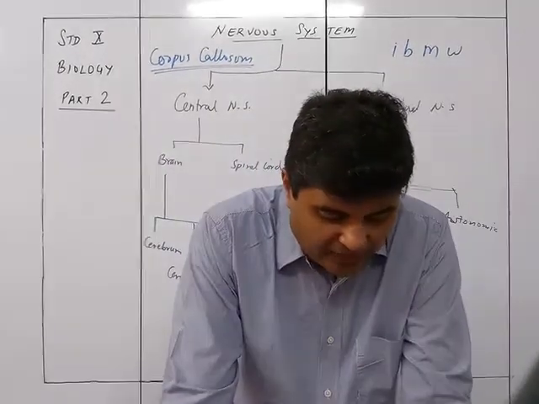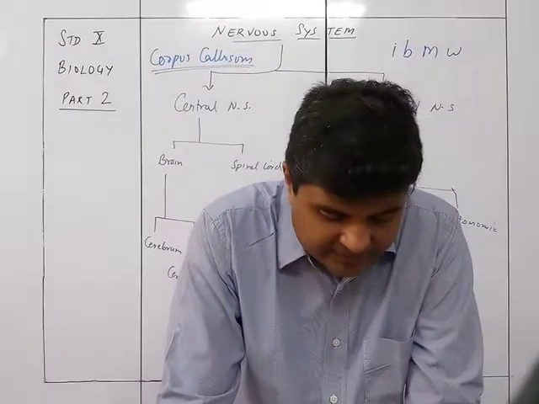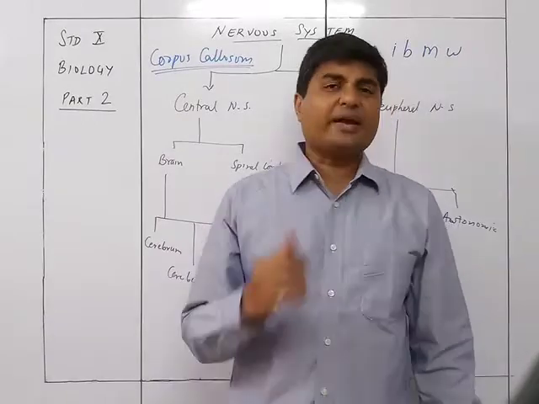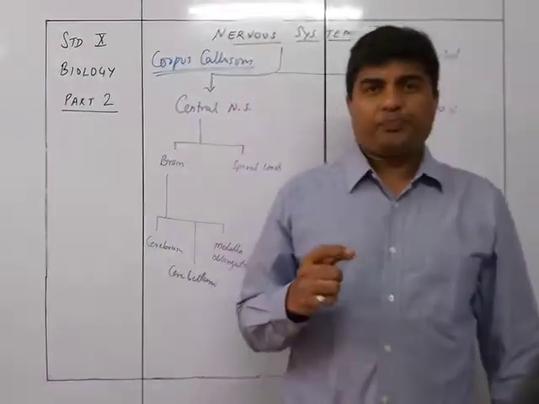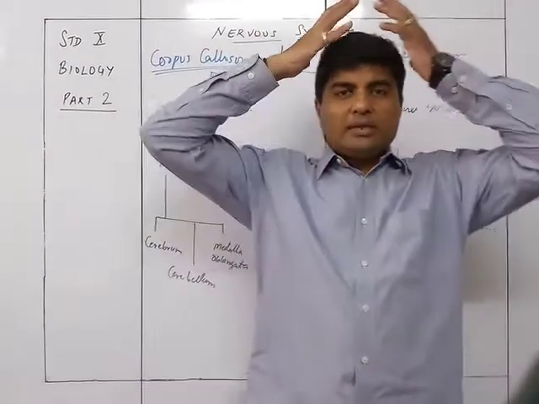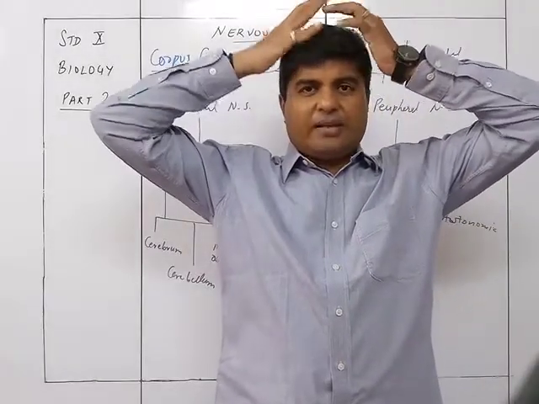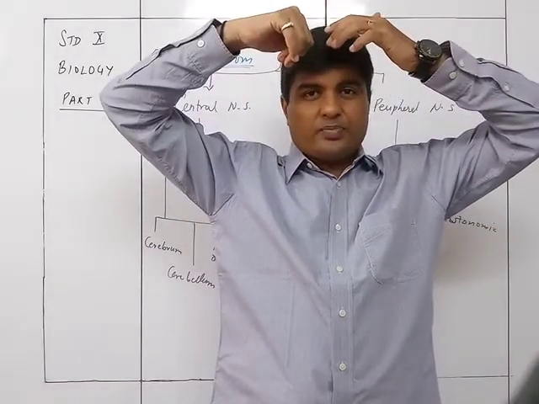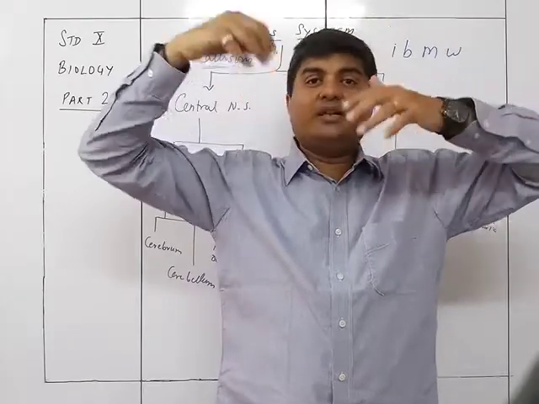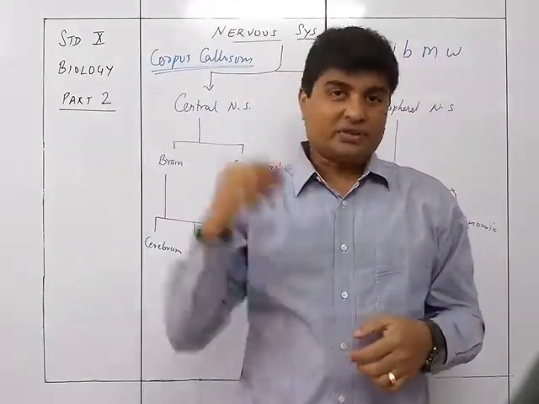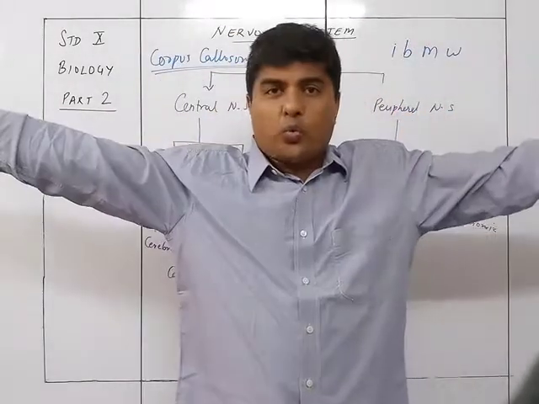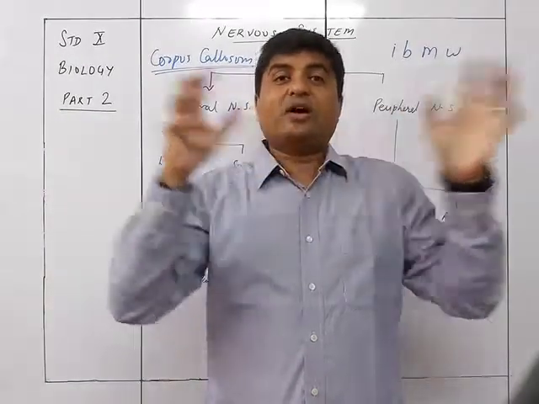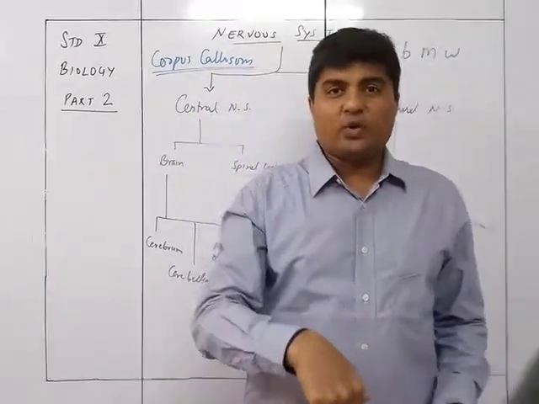Here the arrangement of the white matter and the grey matter is reversed from the brain. So now we can understand this way. See, in brain, the cytons are outside, so the grey matter is outside, white matter inside. Why? Because the axons need to be inside. But in the spinal cord, the axons are going to go outwards. So axons are outside and the cyton will be inside.